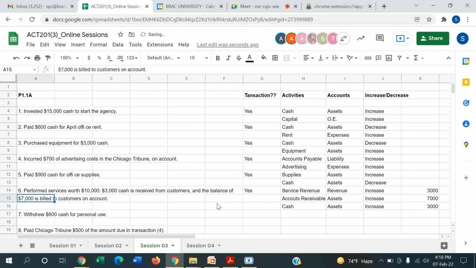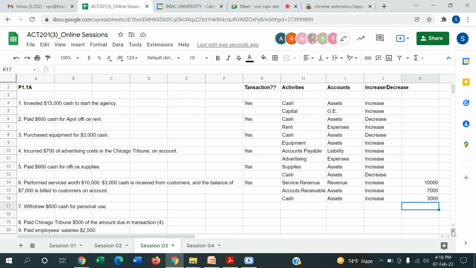Another one is for providing service of 7,000 on account: accounts receivable 7,000, and again service revenue will be added by 7,000. So in total 10,000. You have provided service of 10,000. Out of 10,000, 3,000 received in cash, 7,000 is on account. Okay, cool. Thank you. Thanks for raising this question. Is there any more query regarding any of the issues that we have discussed?